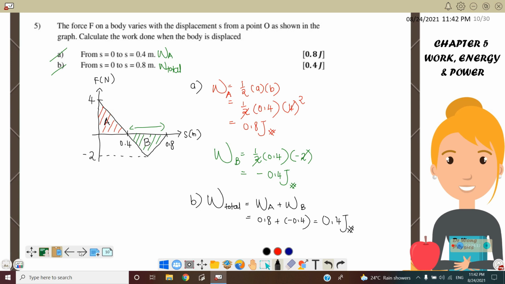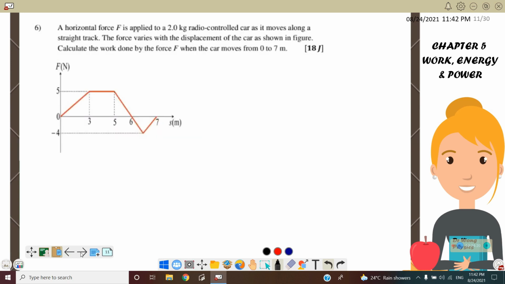Last question, we go to question number 6. Again, a horizontal force is applied to a 2 kg radio control car as it moves along a straight track. This is the graph of force versus displacement. We want to find the work done where the car moves from 0 to 7 meter.